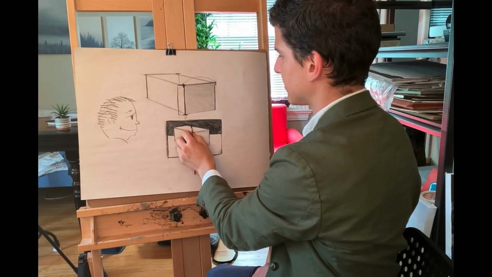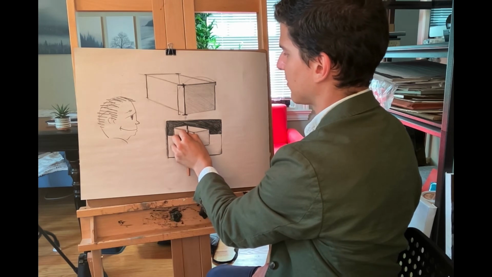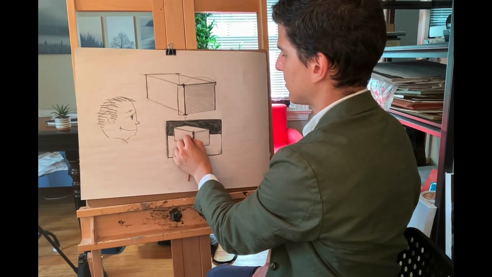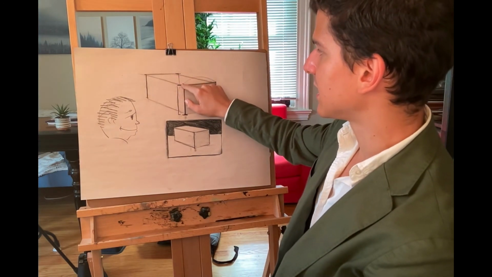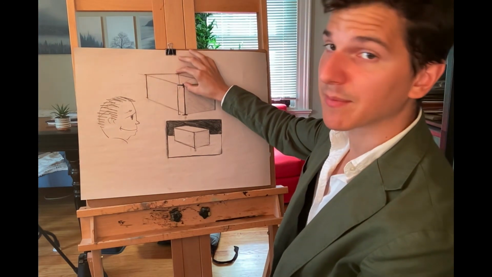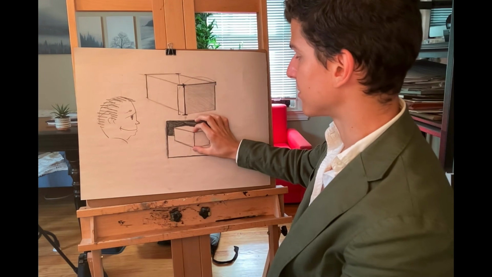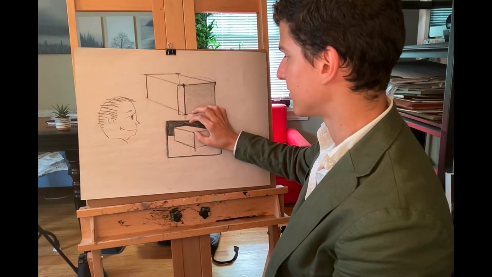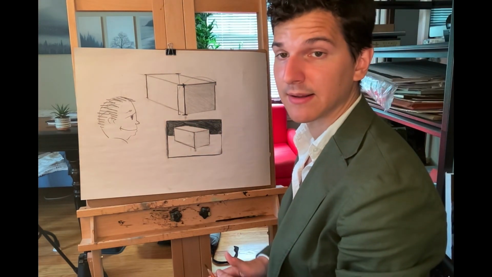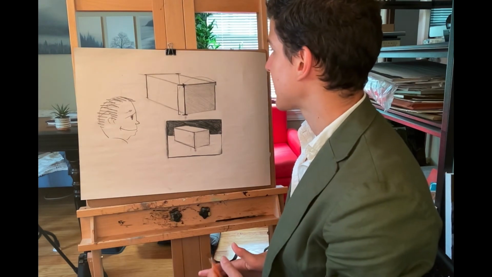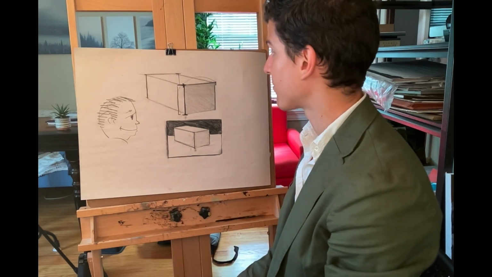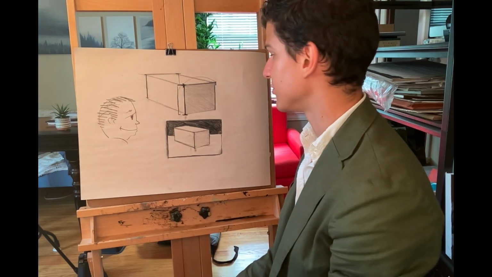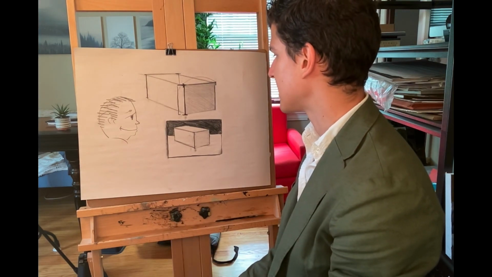Let's see for this one. 1, a little over 2. And so that means that this is a little bit too narrow. The height at the top of the box is a little bit too narrow in comparison to the top of the box in the photograph. So that is how you check proportions with photographs.